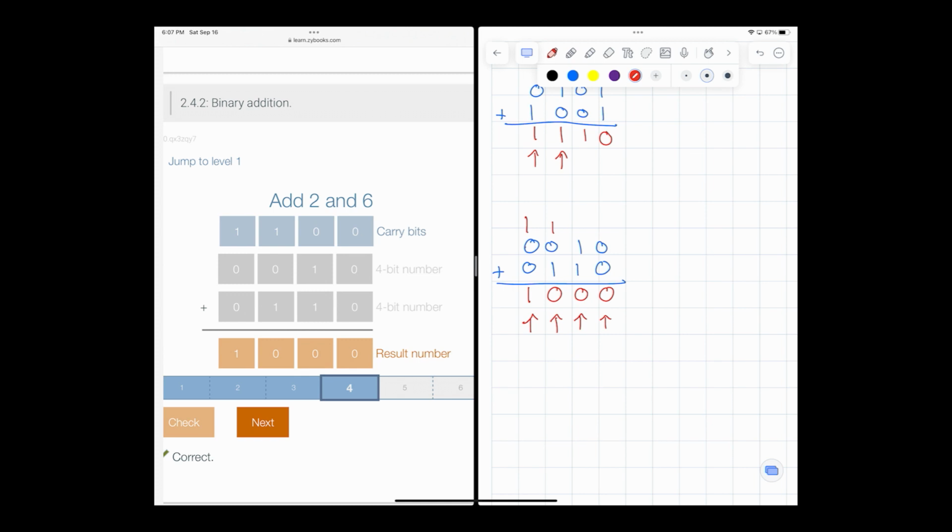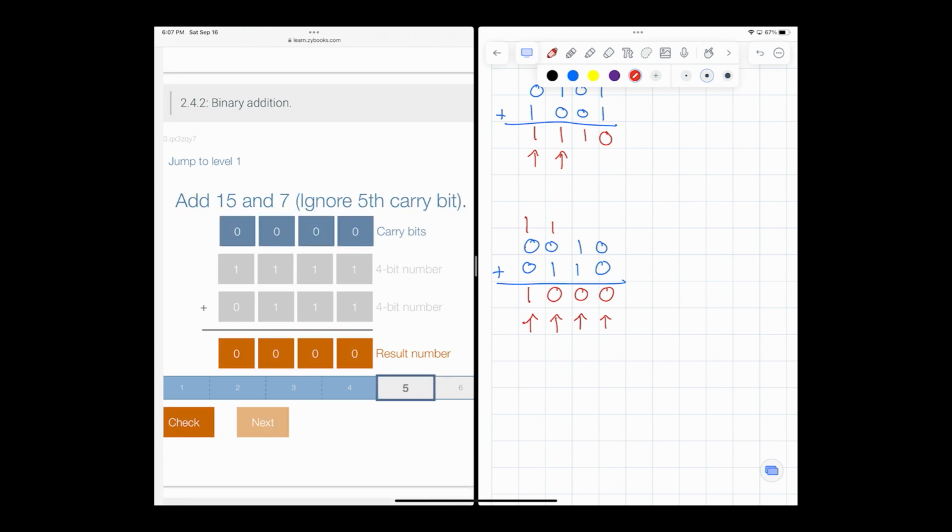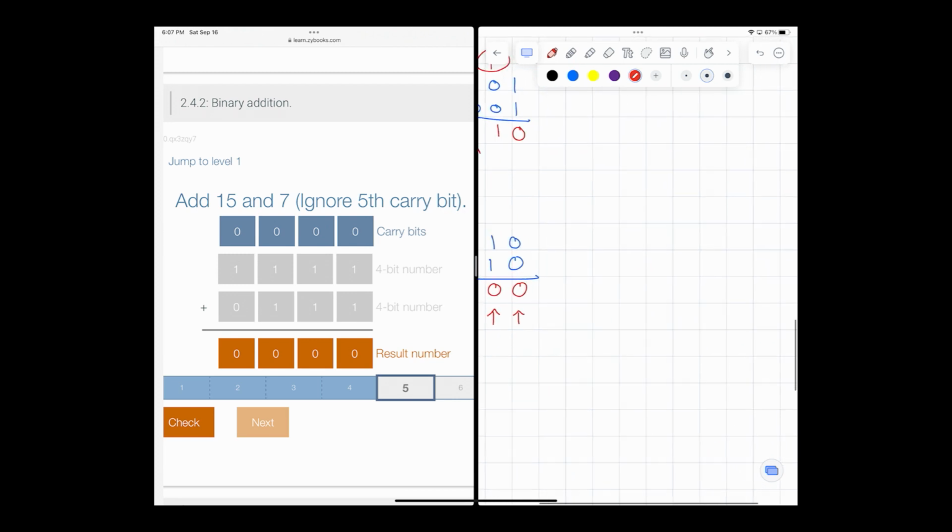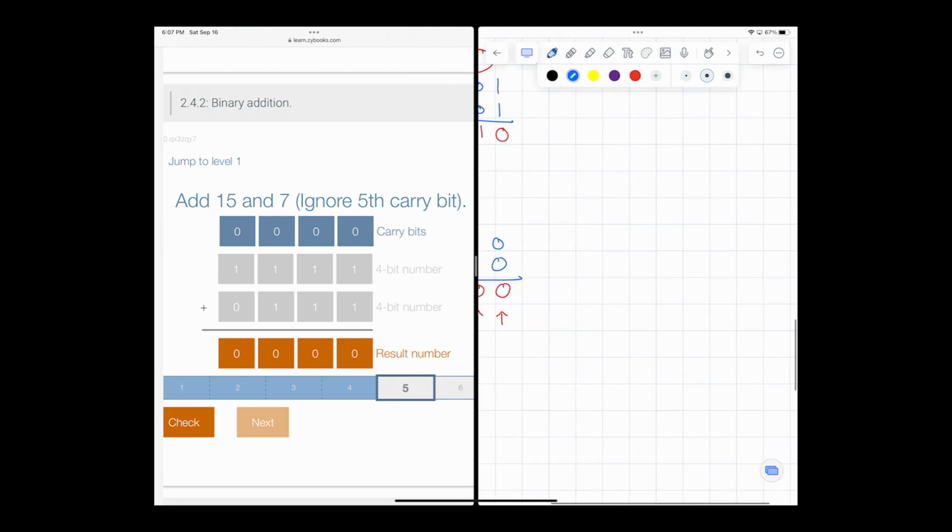And that's correct, right? So one thing you'll notice here is where it says, like right here, it says ignore fifth carry bit. We probably will have to ignore the fifth carry bit if they're telling us that, and we'll see what that means. So our numbers that we're adding are 1, 1, 1, 1, and 0, 1, 1, 1.